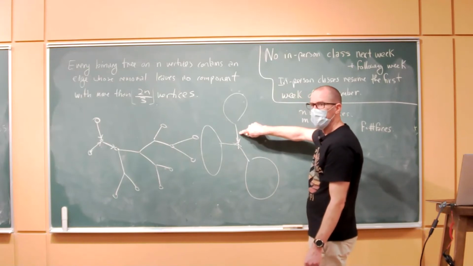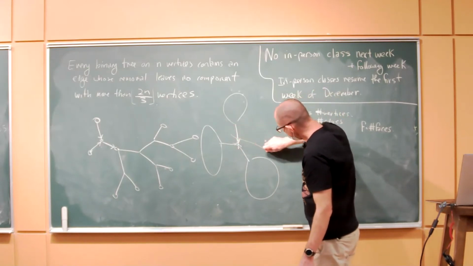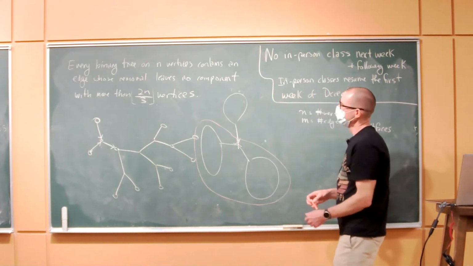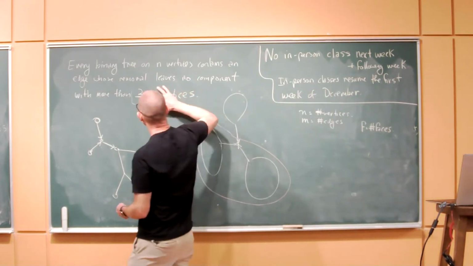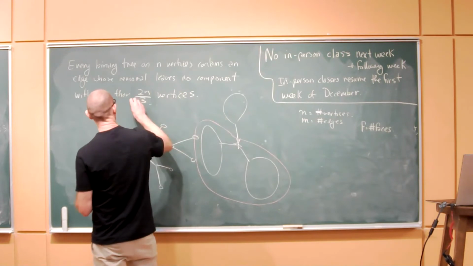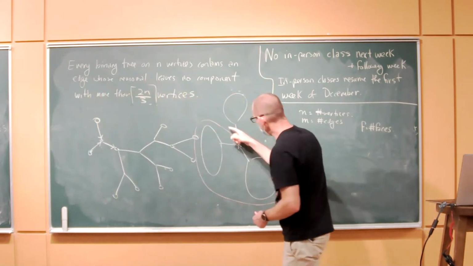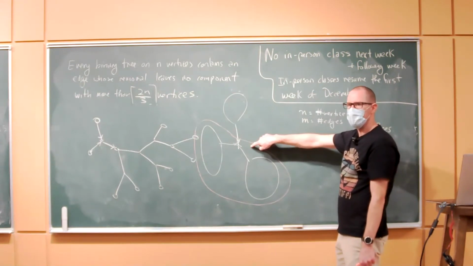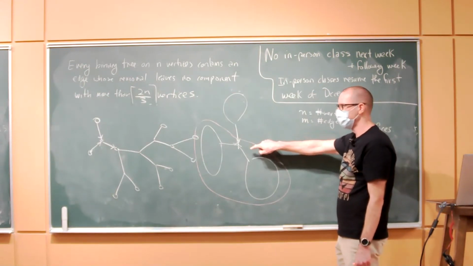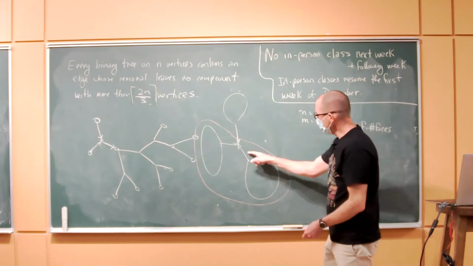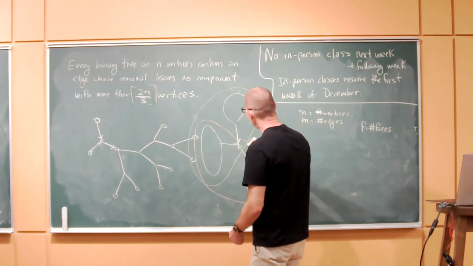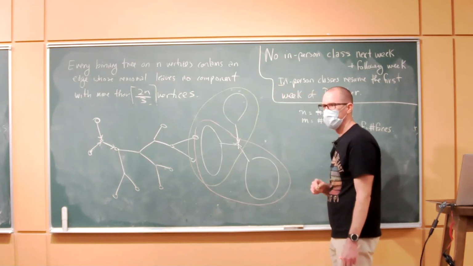Well, this edge means that this side has more than the ceiling of 2n/3 vertices. This edge means that this side here has more than the ceiling of 2n/3 vertices.